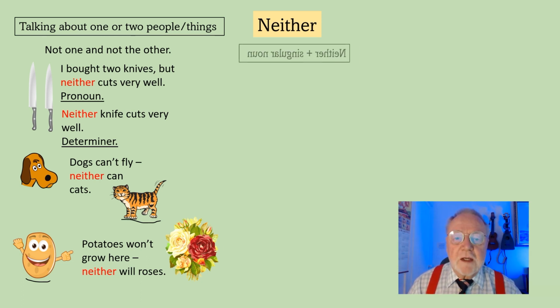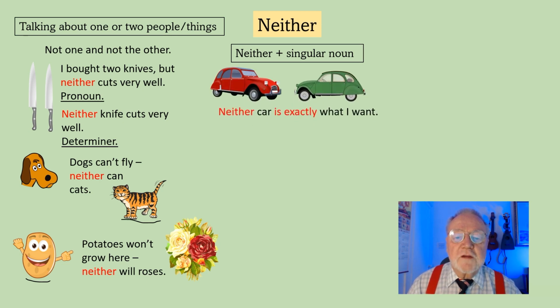We can use neither with a singular noun. Neither car is exactly what I want, but you have to pay attention to the verb here. Would you say it was singular or would you say it was plural? Well, it's singular, isn't it? So neither car is exactly what I want requires a singular verb.